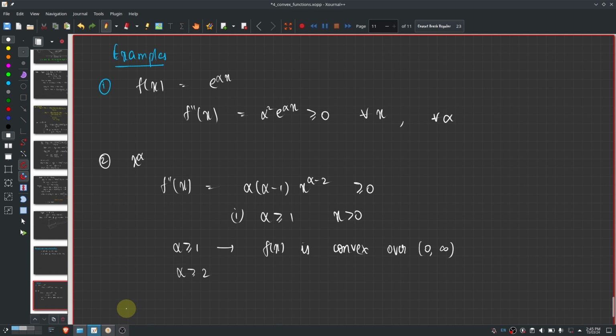Sure. But in that regime, what do you think f of x would look like? So let's just take x cubed. Let's take alpha to the power 2.5. Say, okay. What does the function look like?